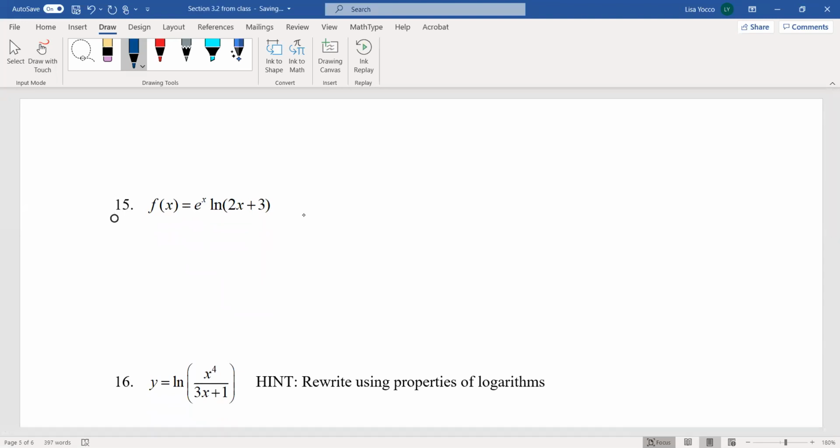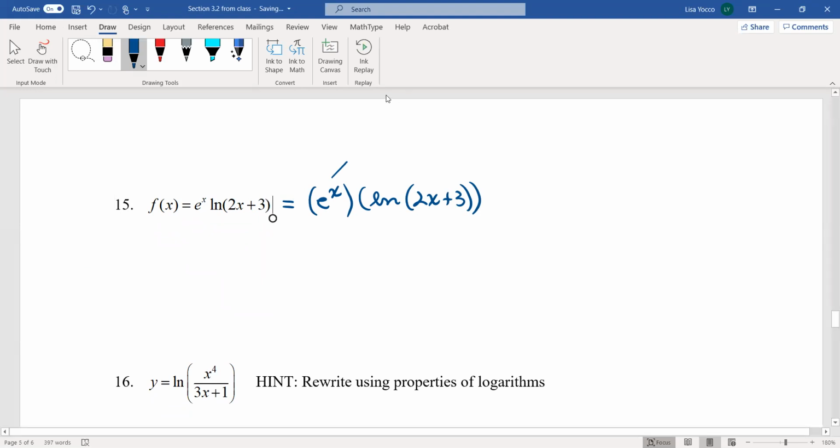Okay, so that might look a little intimidating. First thing I'm going to do is write it this way so you can see that this is a product.